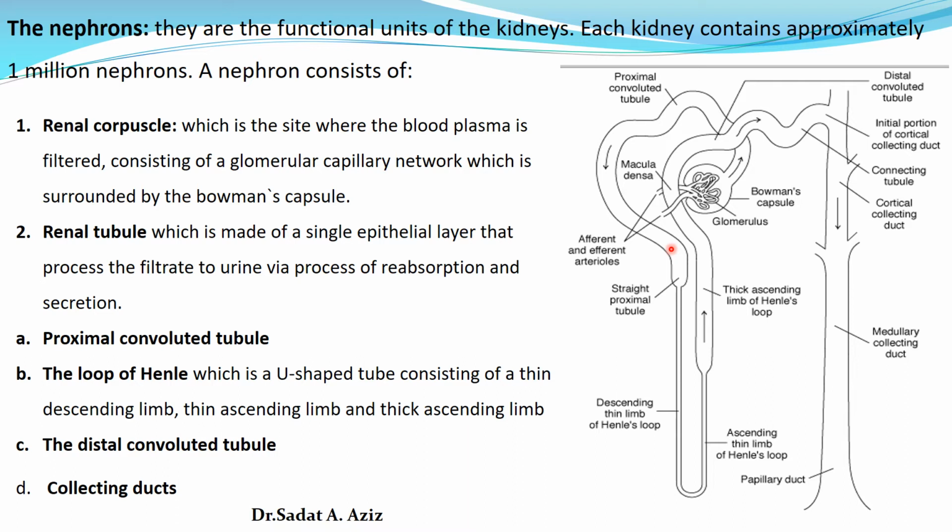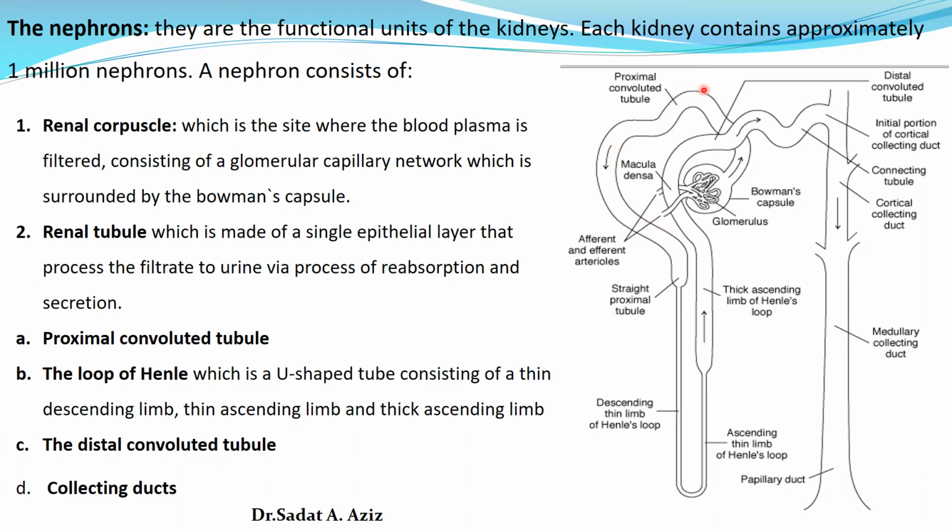Substances can easily be reabsorbed or secreted. So it is a tube made of a single epithelium. Okay. And it has, let us say, different parts.